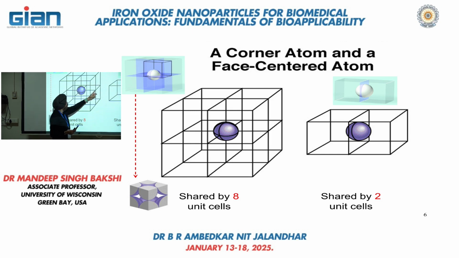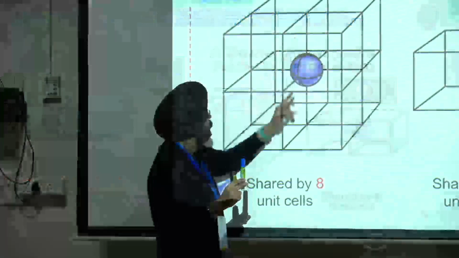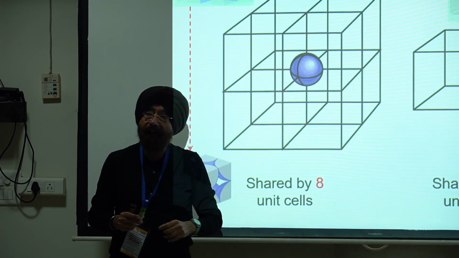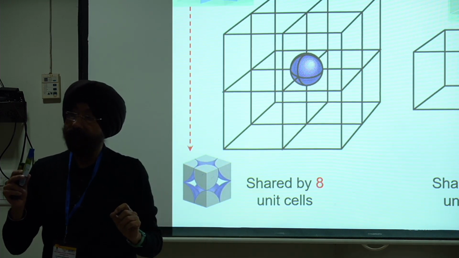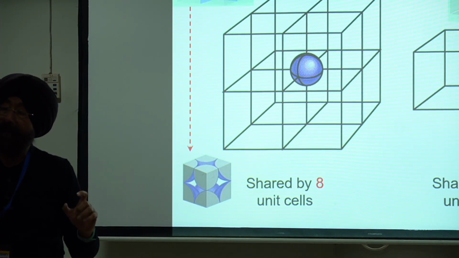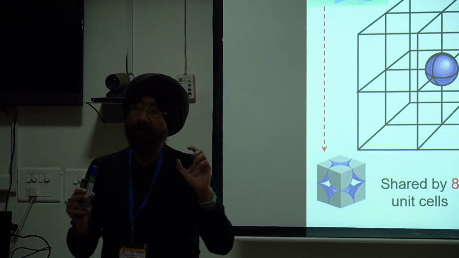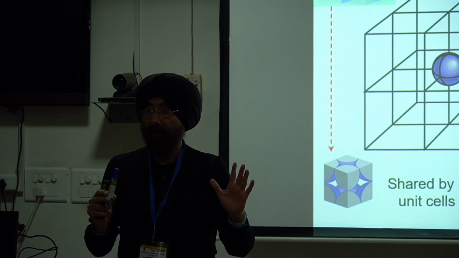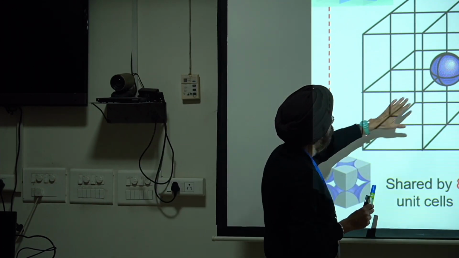at this position or this position or on this position, all these atoms are in fact contributing to eight cubic structures, 8 cubes: 1, 2, 3, 4, 5 and 4 below. So 8 cubes. This corner is in fact the common corner that is occupied by an atom, and that atom has embedded some portion of its surface area in 8 cubes, and therefore it is shared by the 8 cubes.